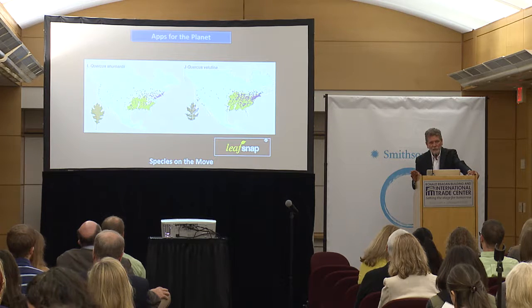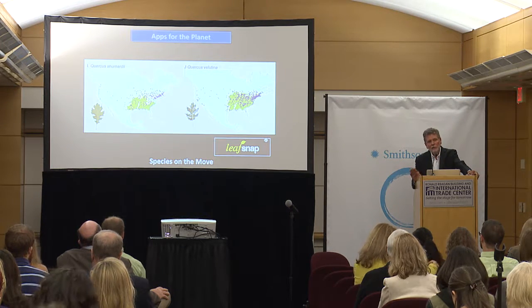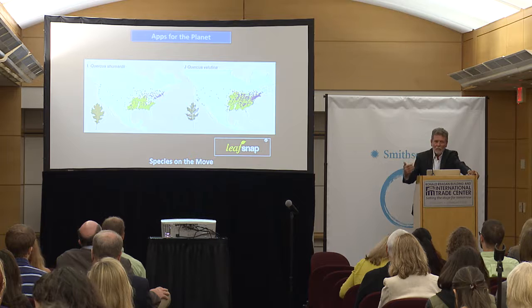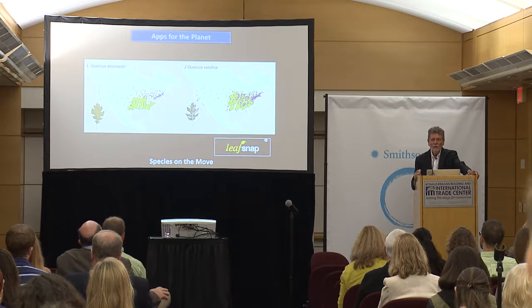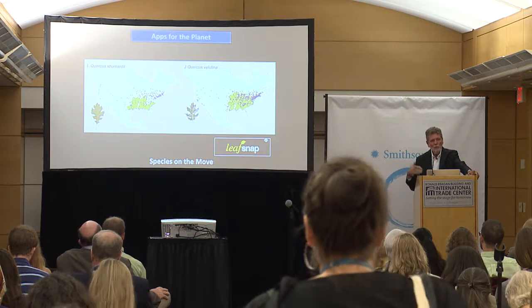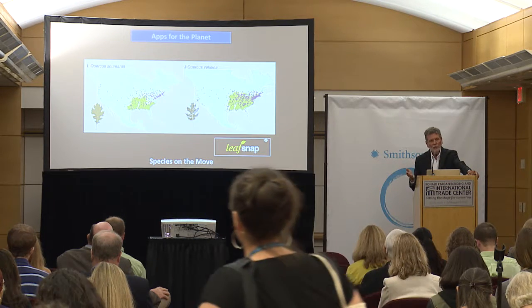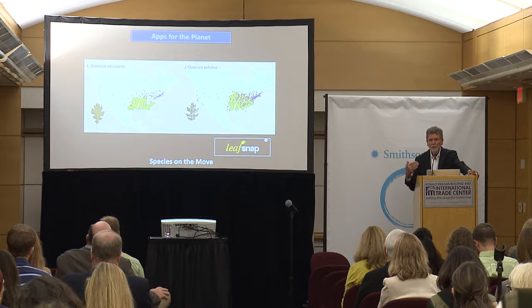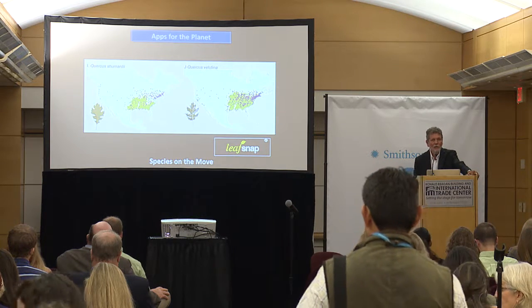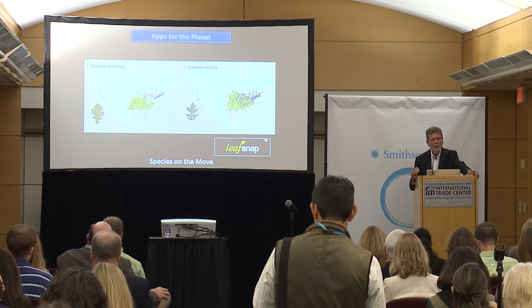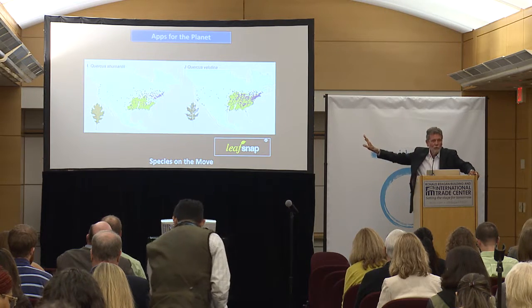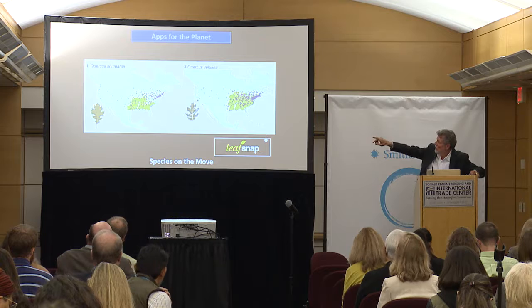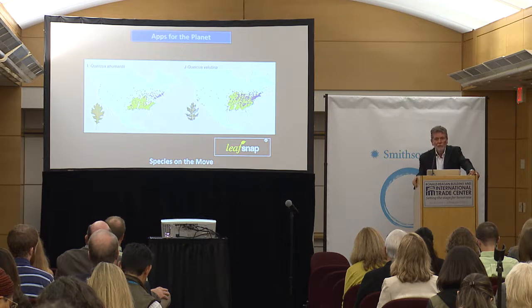But what are we doing with this data? Just a quick statement. Some of you may know that as the climate changes, as the Earth warms up, as habitats are altered, species are beginning to move around the planet. So what we're doing with the data collected by citizen science through LeafSnap is to begin to map where trees are moving. These two little maps show two species from the Northeast, Quercus shumardii and Quercus velutina, two oaks.